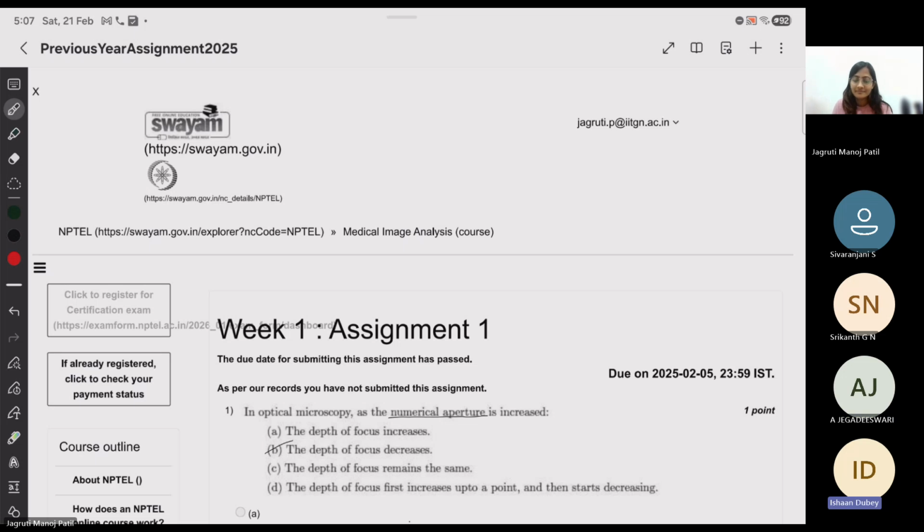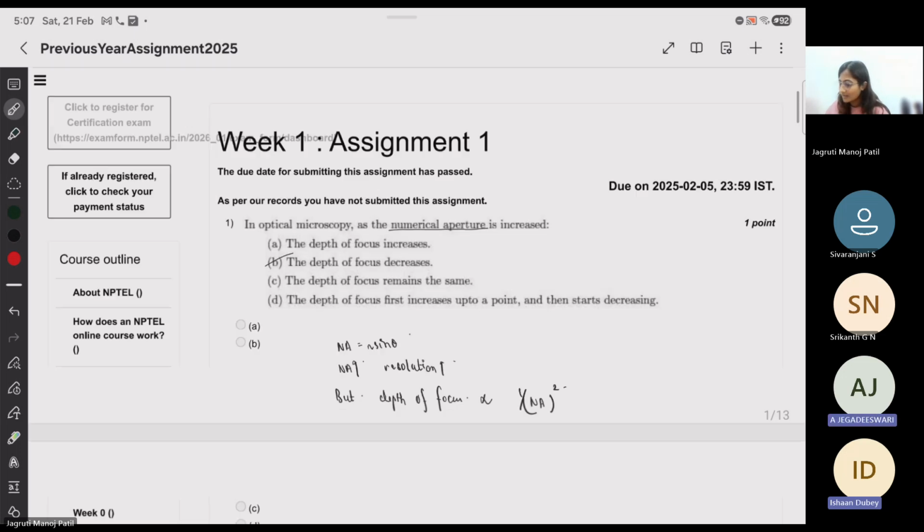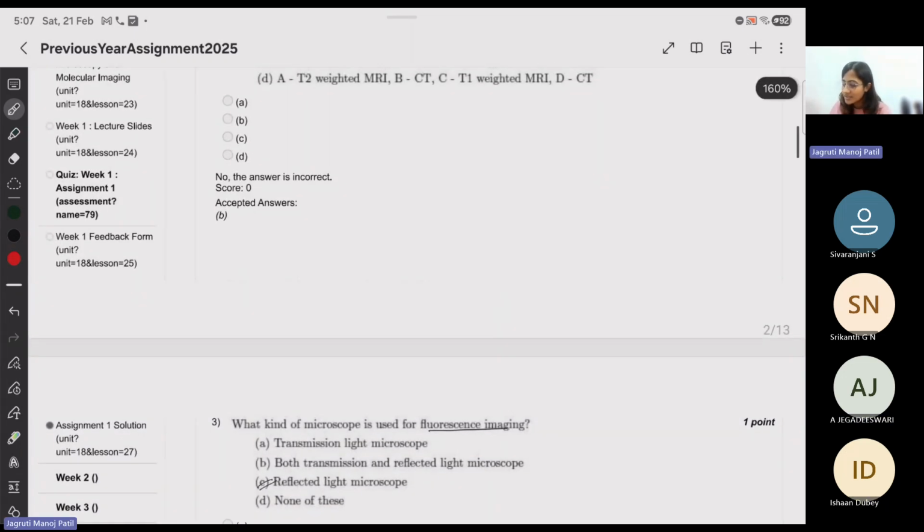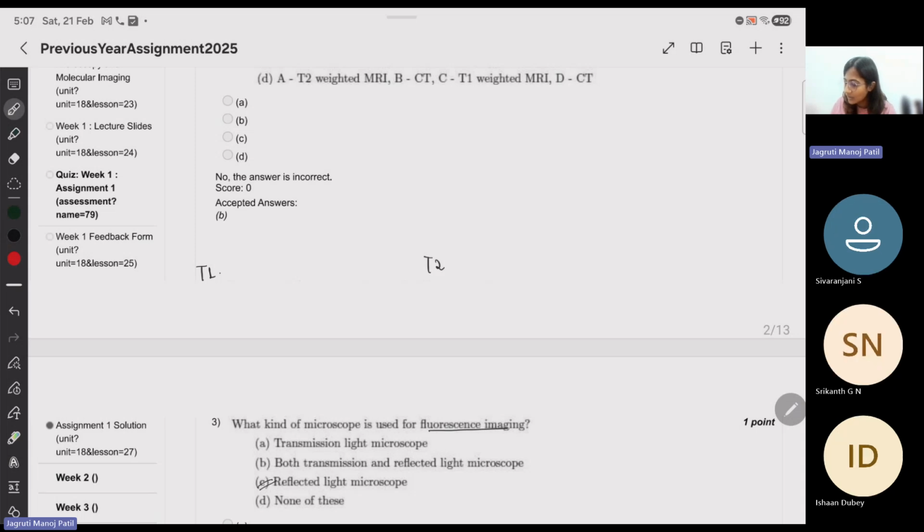Can you please explain T1 and T2 again? Why is T2 brighter and T1 darker? Simply put, one is a spin-lattice interaction, where you have an entire 3D lattice, and the other is a spin-spin interaction.